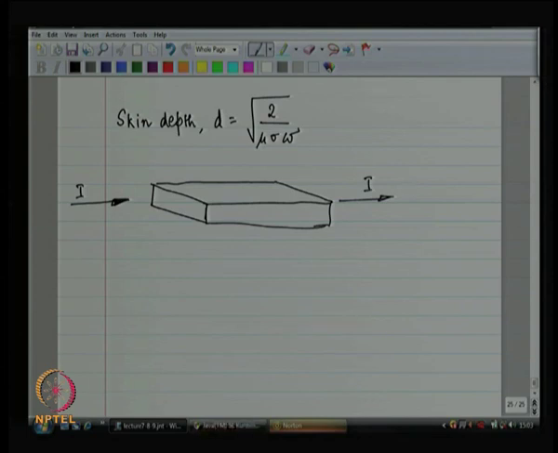Okay. Now, what the skin depth business tells you is as follows. It basically tells you that the current is not really going to go through the bulk of the copper, it is going to go through the skin of the copper.